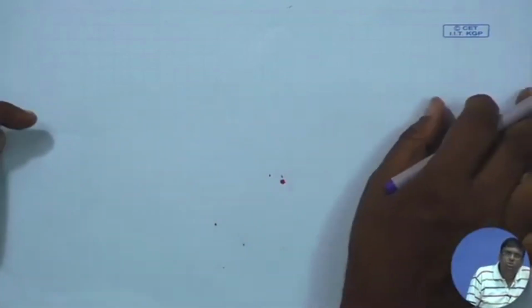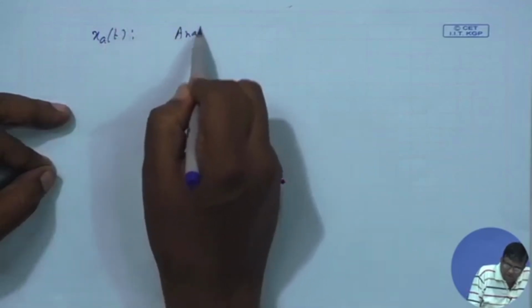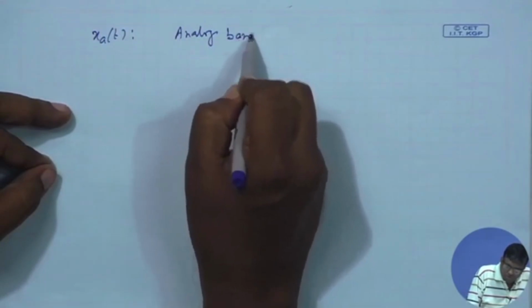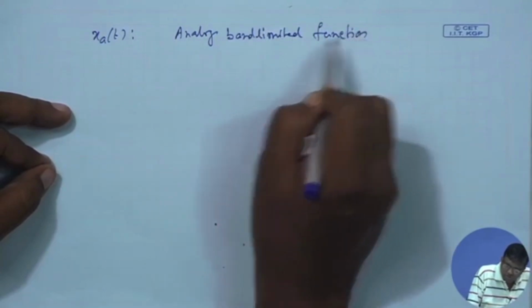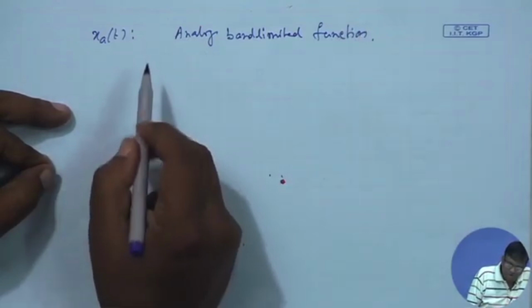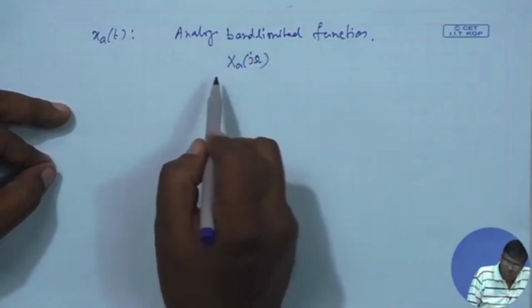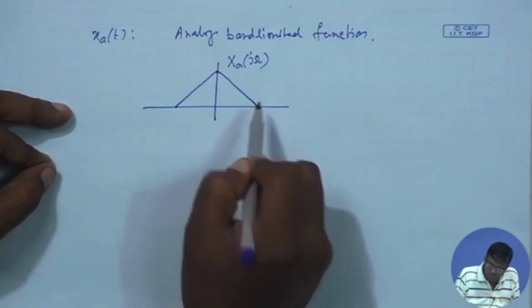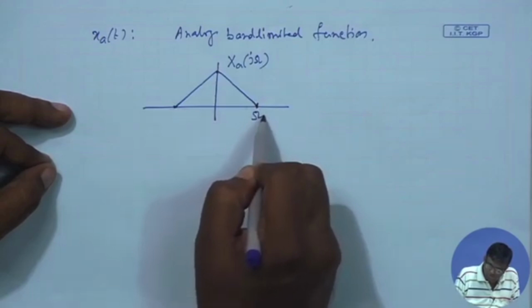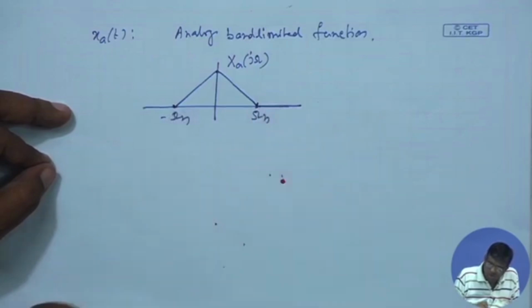Now, this leads to a fundamental question, and a fundamental thing in DSP. Suppose x a t is an analog band limited function, that is x a j omega, like this.